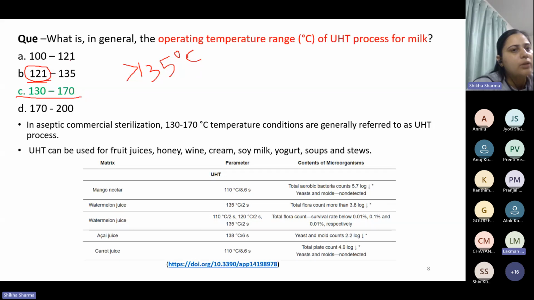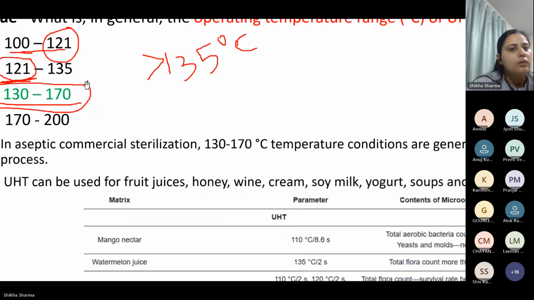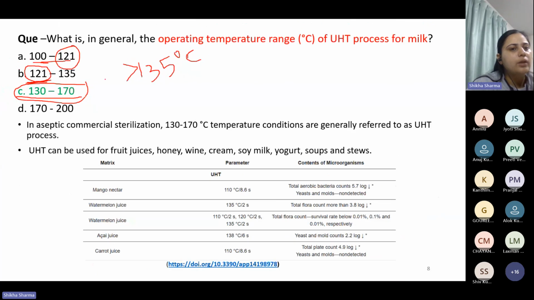And 100 to 121 is high heat treatment. Even though it is greater than the pasteurization temperature, 121 is the sterilization temperature. Some products can be heated to high temperatures from 100 to 121, which is even above pasteurization, but this range is correct since it is greater than 135 degrees Celsius.